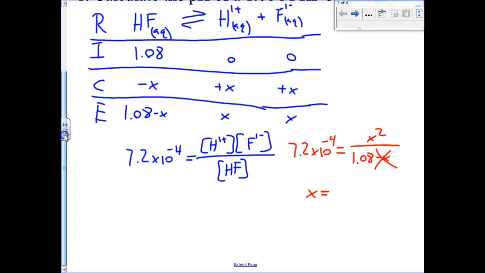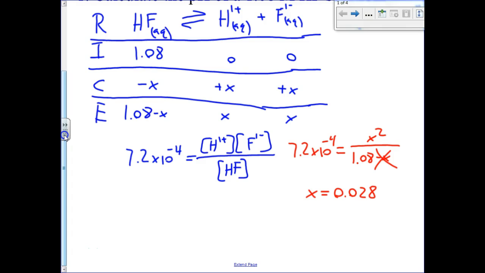0.027. 0.027885. So 0.028. So we get an x of 0.028. Drew, when you used your solver, what did you get? 0.0275.